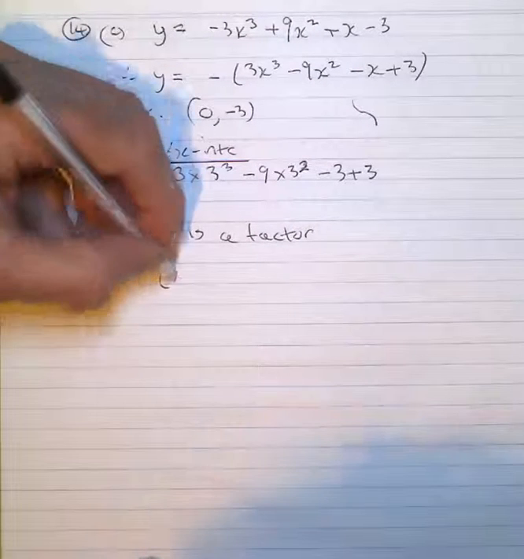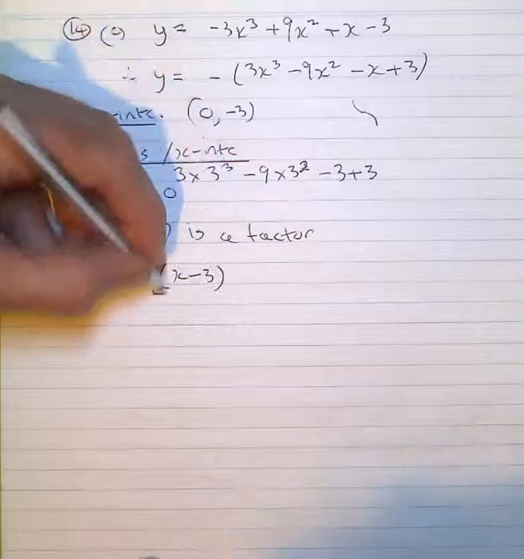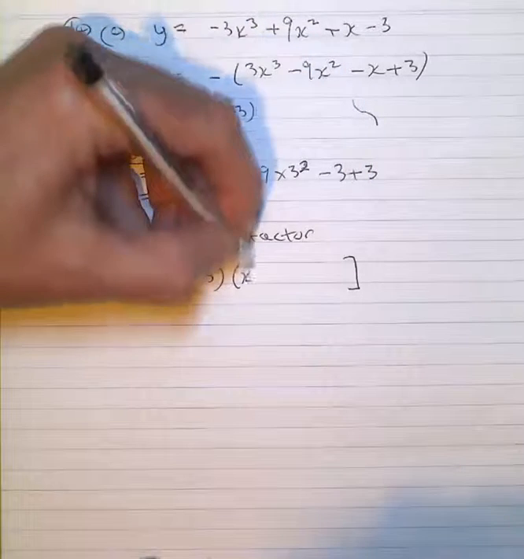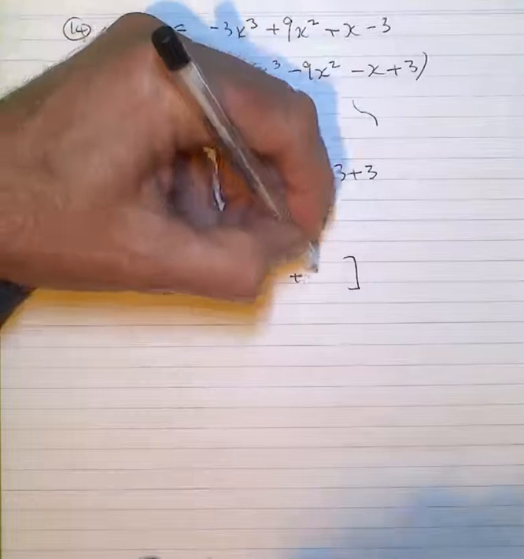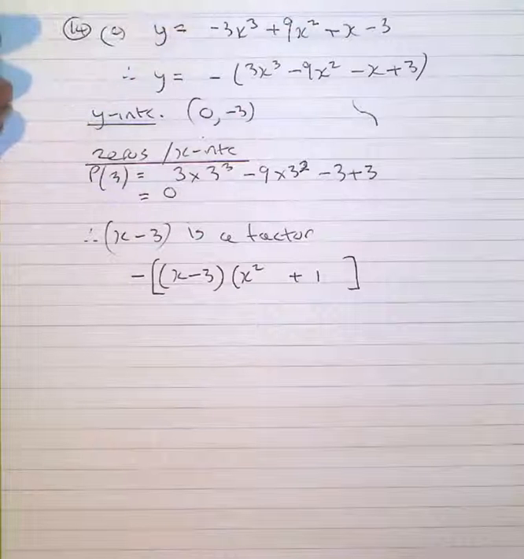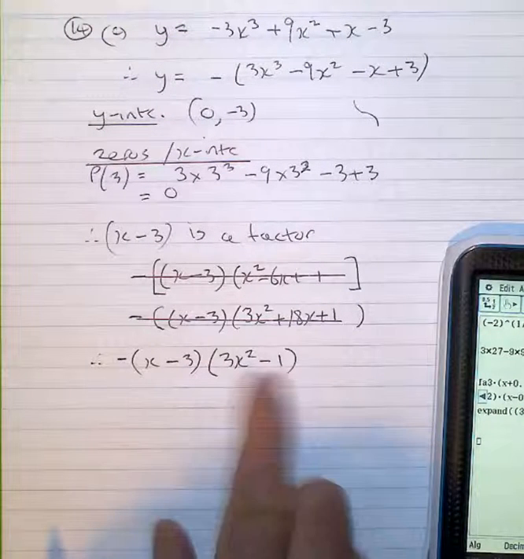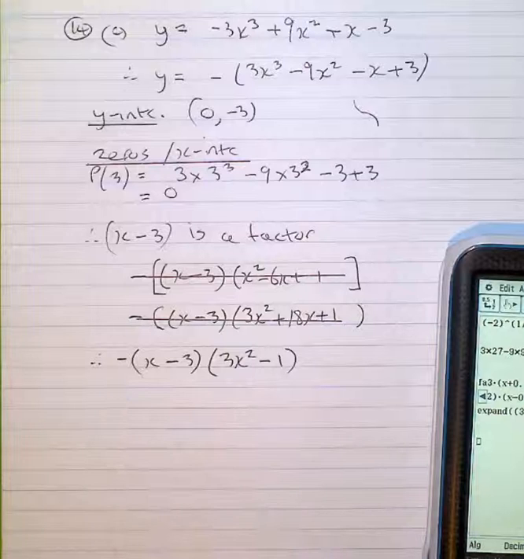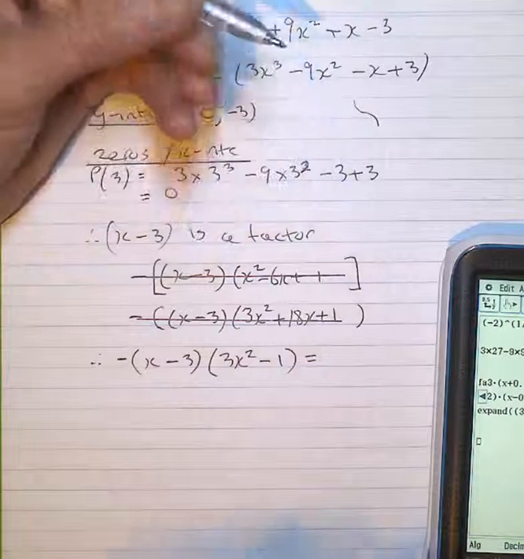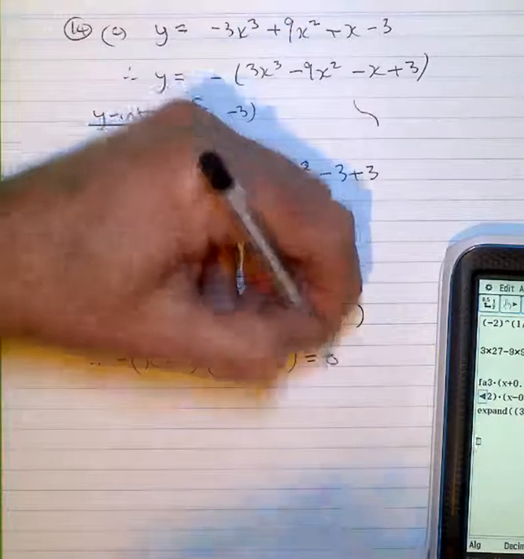So that gives me x minus 3, and I'll have to have an x cubed and a 1 happening there. After a bit of trial and error, we can see that that factorises to negative x minus 3 lots of 3x squared minus 1 is equal to 0.